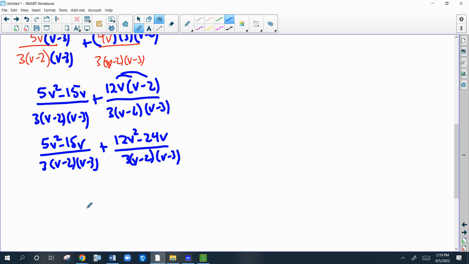And now I can add everything up top over the common denominator. So I'm going to do that, especially since this is a video, all at once. The 5v squared plus the 12v squared is 17v squared. And then negative 15v plus a negative 24v would be a negative 39v.